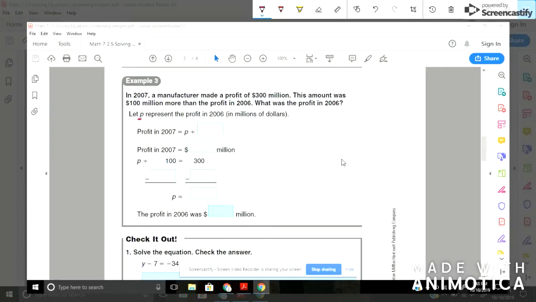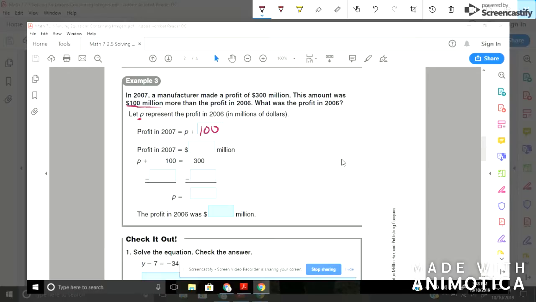So the profit in 2007 is equal to P, the profit in 2006, plus 100 million more.